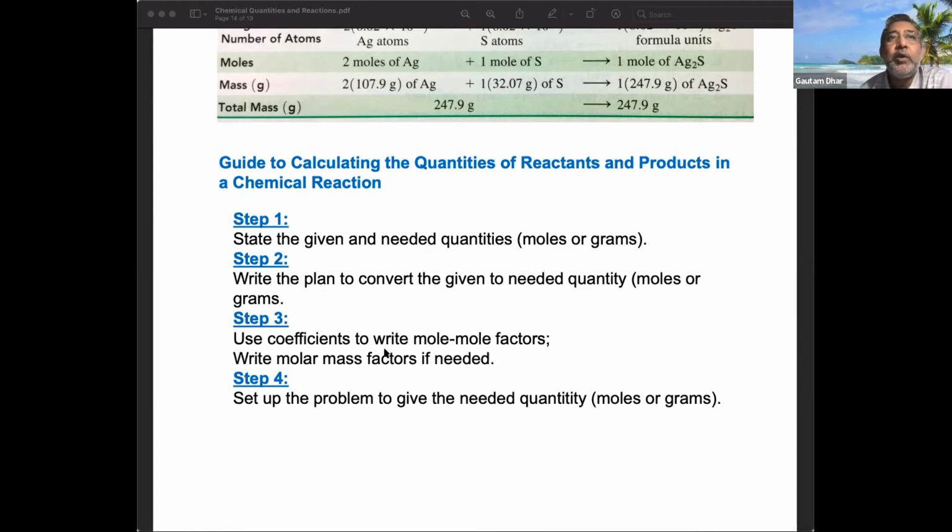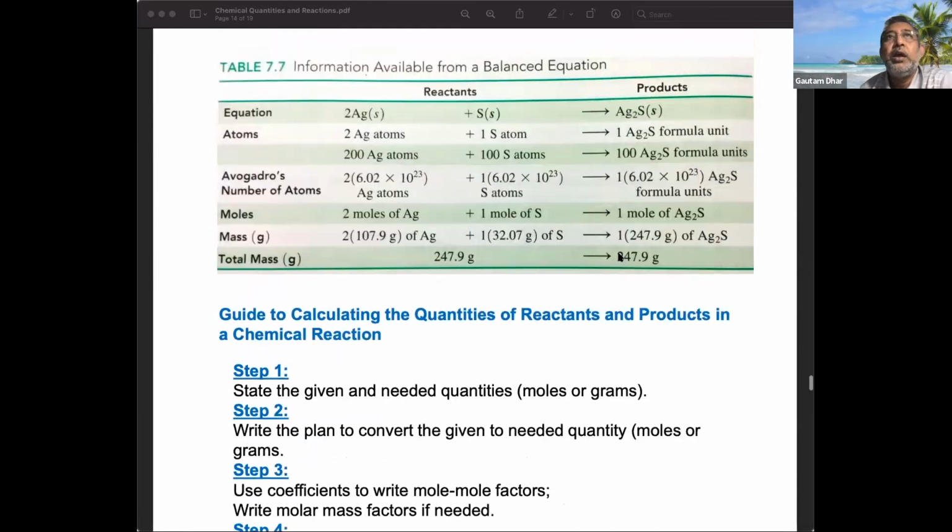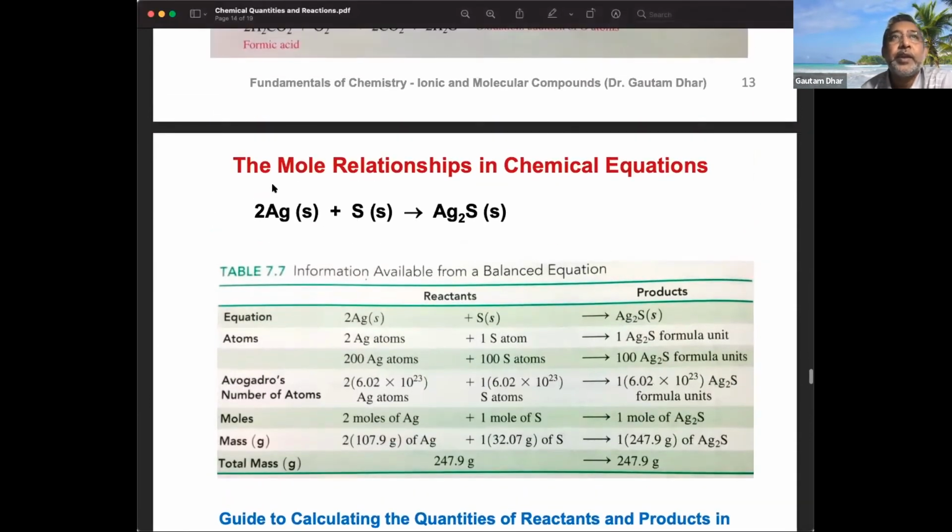And then use coefficients to write the mole factor. So this equation is a mole relationship, and that's called stoichiometry. This mole relationship is called stoichiometry.